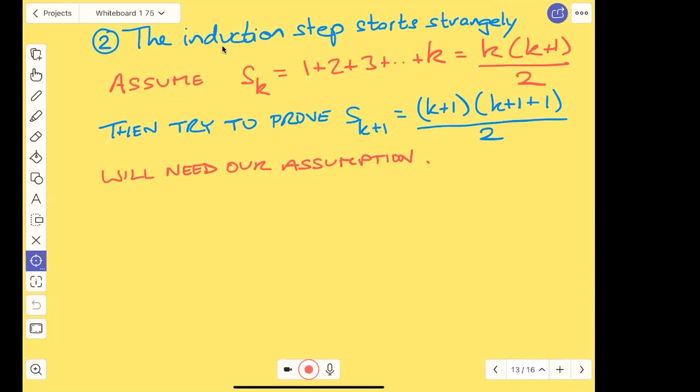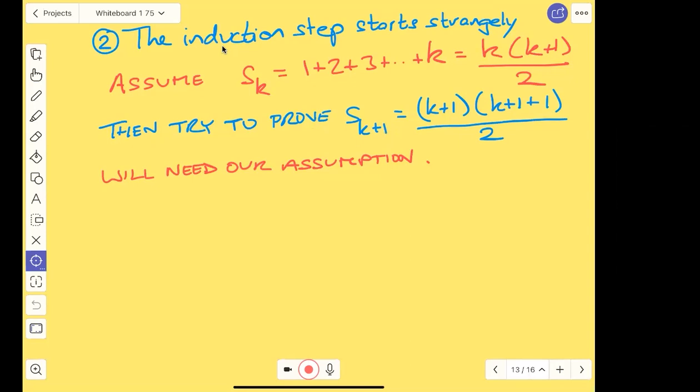And then what we want to do is to say, well, if we have that assumption, can we prove the next value would work? So S of, and then replace n not by k, but by k plus 1. So we'd had S of n was n times n plus 1, so we'd have k plus 1 times k plus 1 plus 1, k plus 2, divided by 2. Can we prove this?